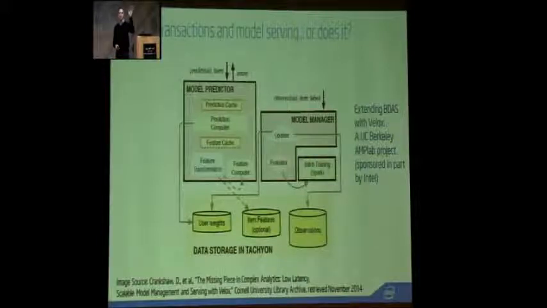Okay, so there's an early UC Berkeley AmpLab project to bring this to the next step. If you don't know, the BDAS stack, that Berkeley stack, is the one that was really the impetus for Spark, and this is where Velox is.